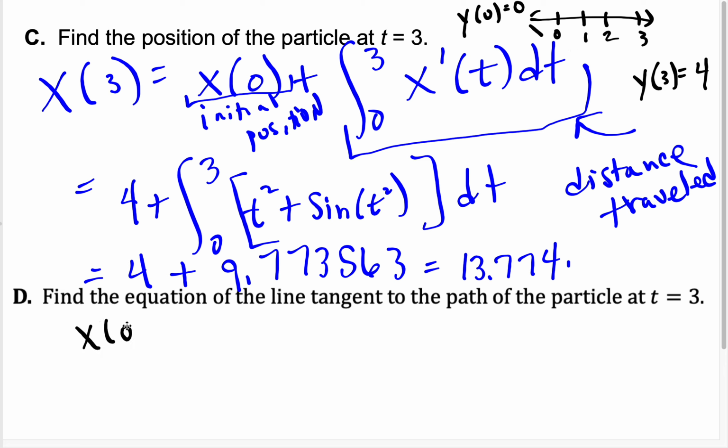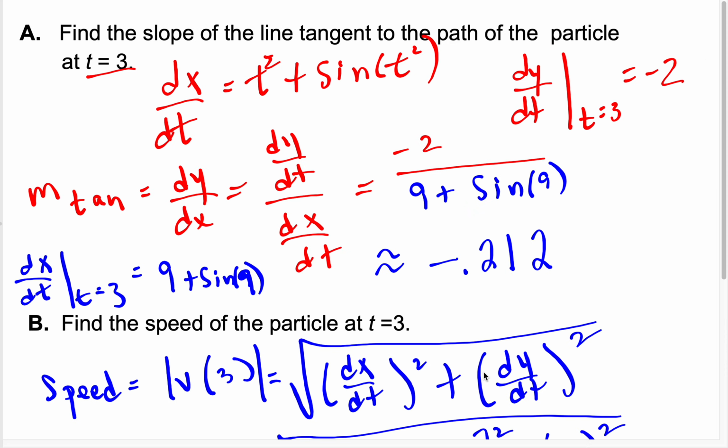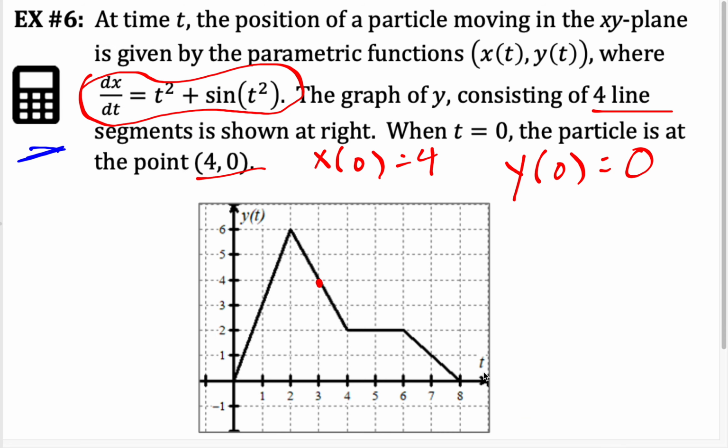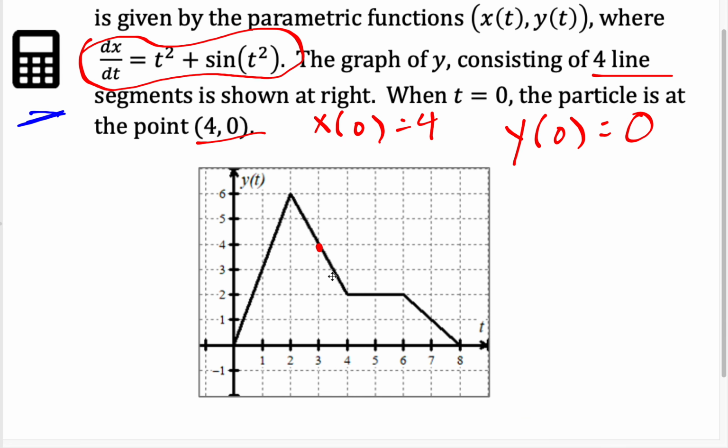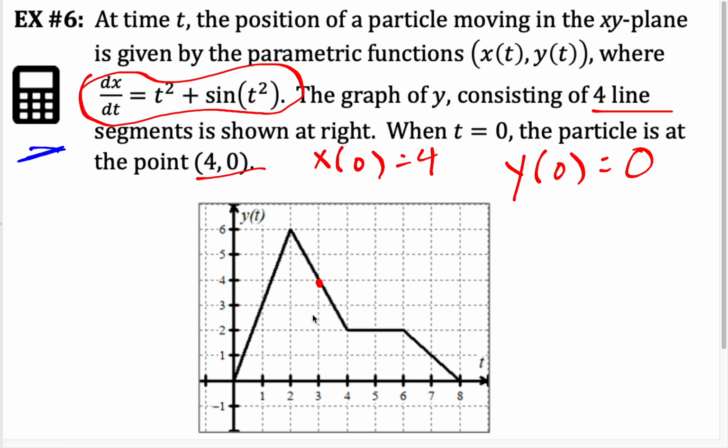So we know that when t equals 0, we're at 4. When t equals 0, the y value is 0. At 3, it's 13.774. And at 3, for the y value. Oh, no. You know what? What am I doing? I have to use the graph. Oh, never mind me. Just pause for a minute. I apologize. When t is equal to 3, because this is the graph of y of t.